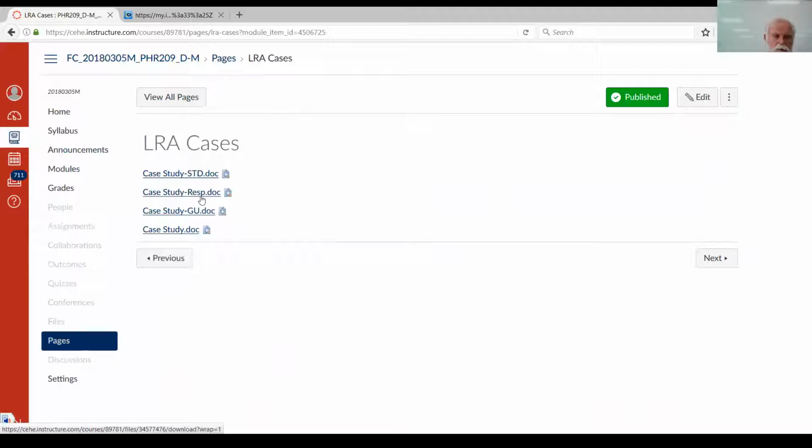So what I'd like you to do right now is let's make a choice. We've got two ways of doing this. You can make a choice. There's only three of you, so I'm perfectly happy with that. But I want everybody to do a different case. And I will actually post something in here that lists the cases you've chosen. So take a look at that list. We've got a sexually transmitted disease, respiratory disease, genitourinary disease, and a case that is kind of a mixed bag.